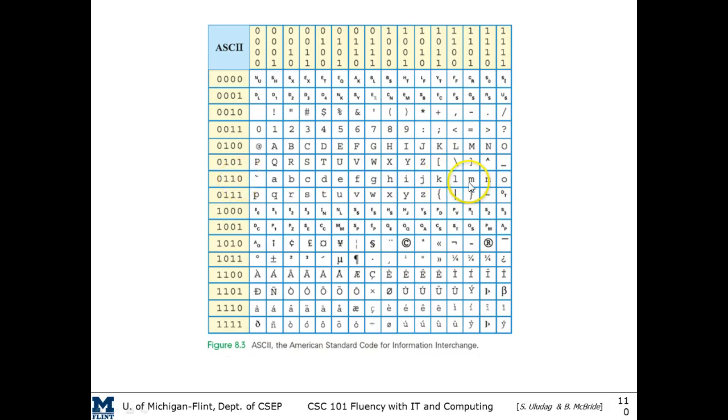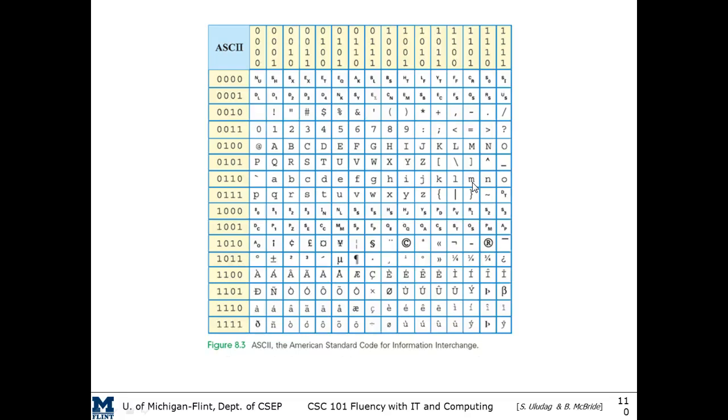And then we find the column that the letter is in, and we read from the top down: 1, 1, 0, 1.